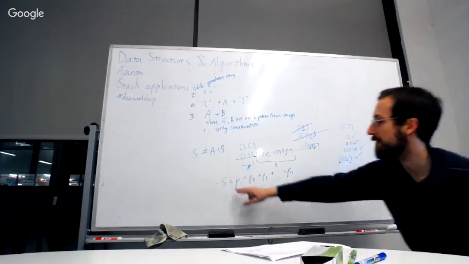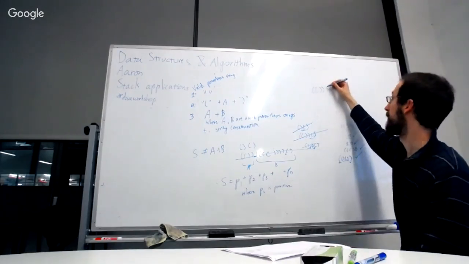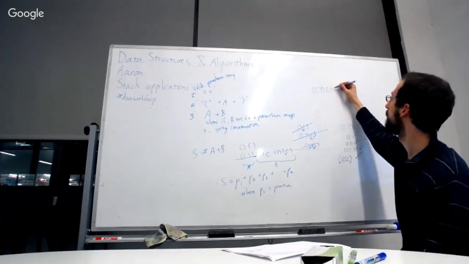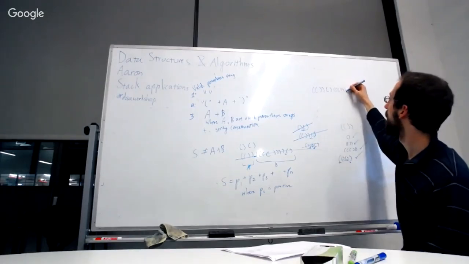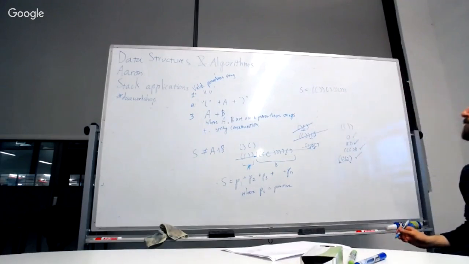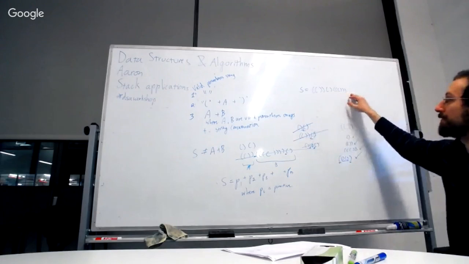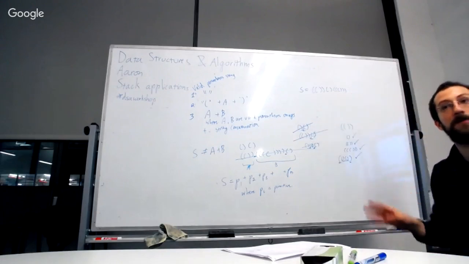This is saying given some S, so there's some fixed S. Let's make it a little interesting, very complicated. So here's S, and it's saying let's break S up, and this is not even in code, just conceptually.